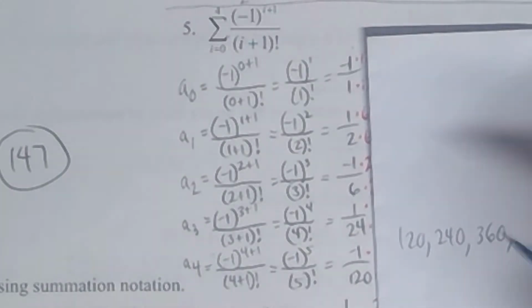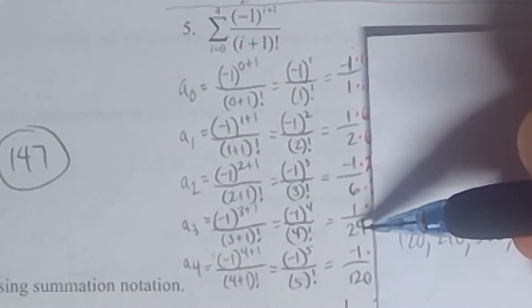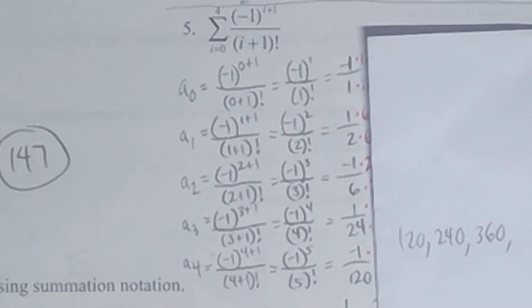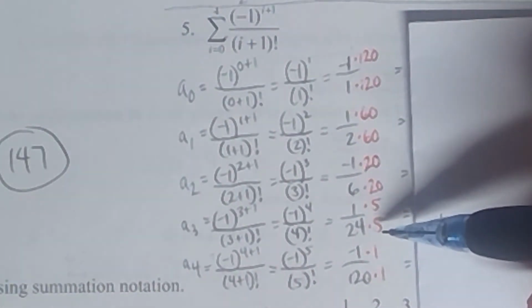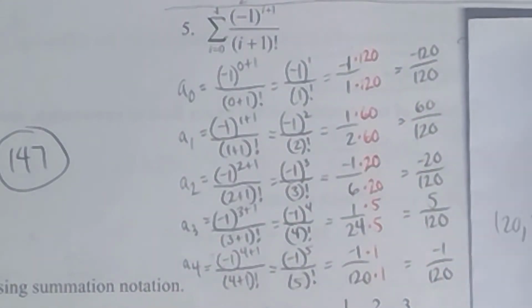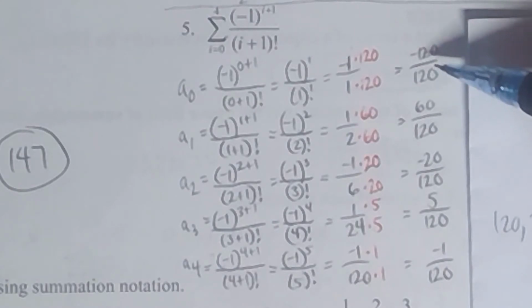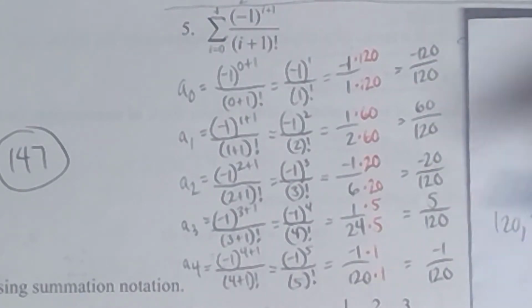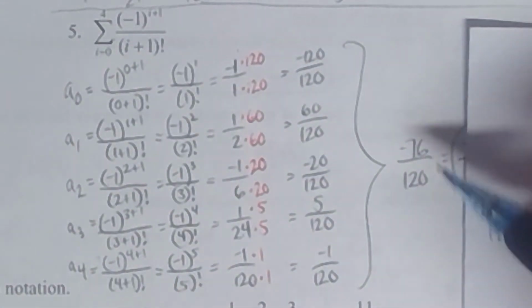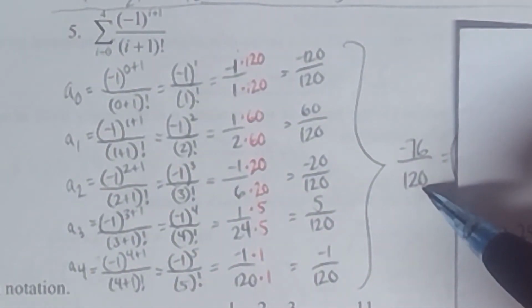All right. In other words, 120 is a multiple of all these other denominators. So I multiply by the appropriate things, as you can see I did here, in order to make the denominators all the same. And then once they are all the same, then you add up the numerators while keeping the denominator the same. If I do that, I end up getting negative 76 over 120.